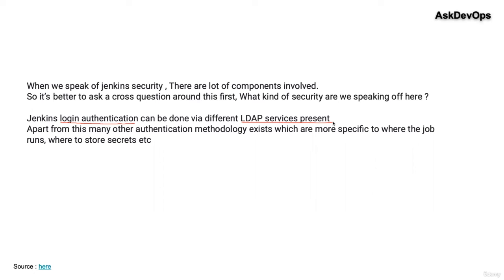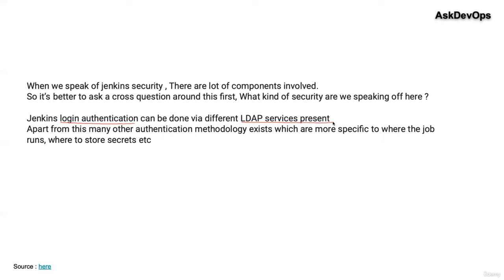For example, you can integrate this with the Gmail account of the company, with Azure, or with Okta and other services, so that people don't have to remember different usernames and passwords. They can log into Jenkins just by using their official office email ID and password.